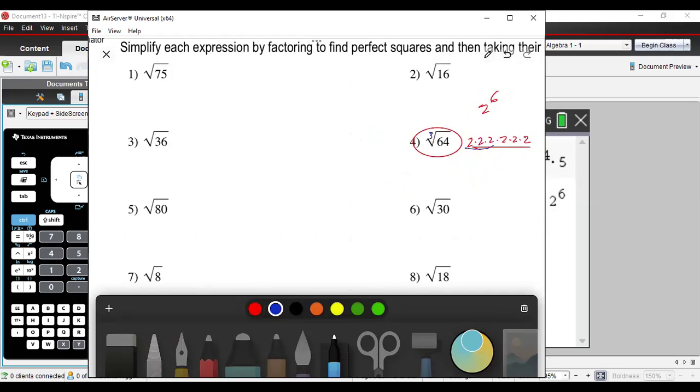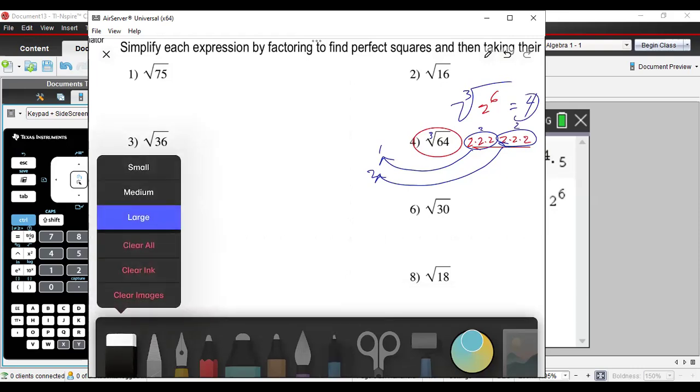And here's 1 3 pair. Here's the second 3 pair. So then that means that we have 2 times 2 outside. So the cube root of 64 would be 4, because we pulled out a 2 here and a 2 here. So 2 times 2 is 4, and that's what you get.